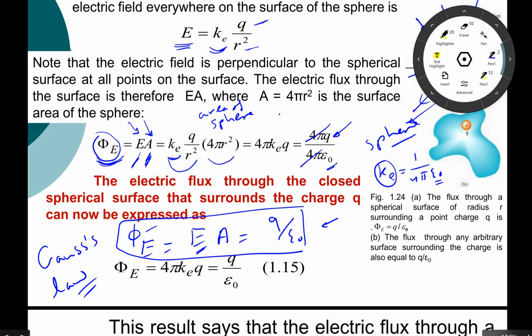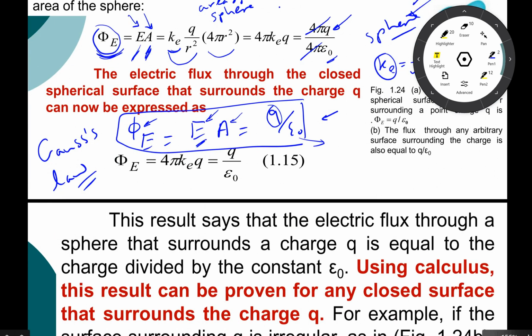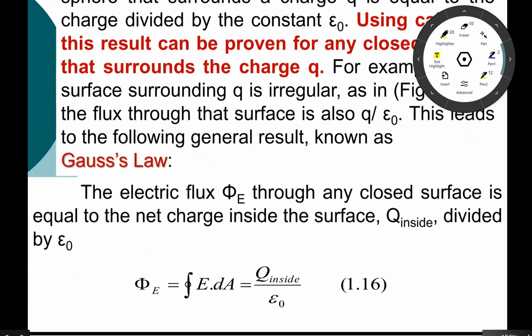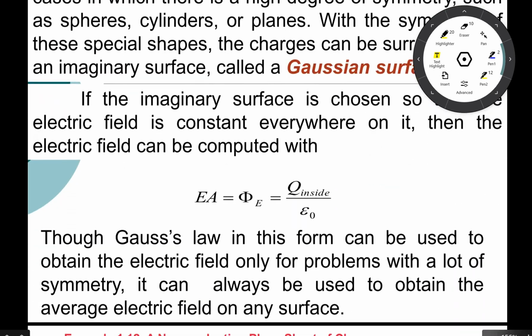So now the number of field lines is equal to the electric field around the charge multiplied by the area of an imaginary closed surface, which is equal to the amount of charge enclosed in that surface over the permittivity. And actually this law can be used to solve complicated problems.